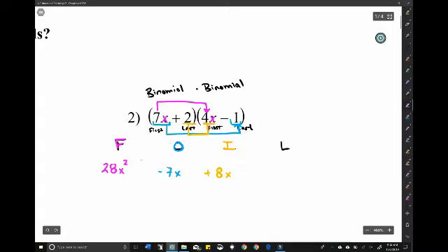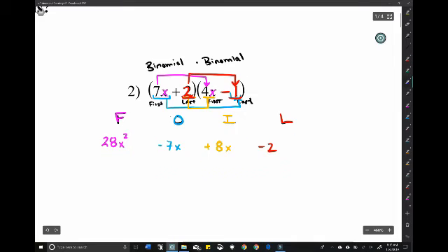And last but not least, the last terms, let's use red. 2 and negative 1 are the last ones. Notice that's the only one we haven't touched yet. 2 times negative 1 is negative 2. First, outers, inners, lasts. Once you get this, you can take a look and combine like terms.